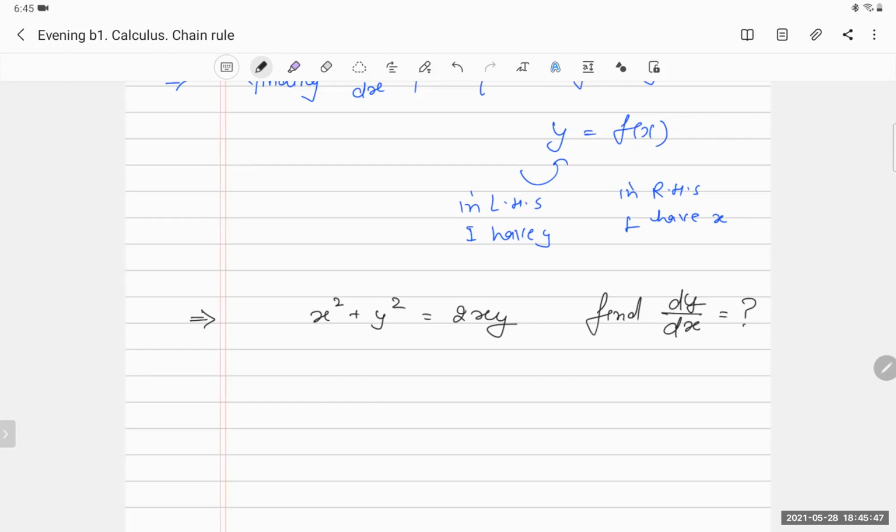Now you cannot do it by getting x on one side and y on the other. I cannot do that. Then how will I do it? Any idea? So you can write it as x minus y whole square or something like that. No, but what will happen with that?